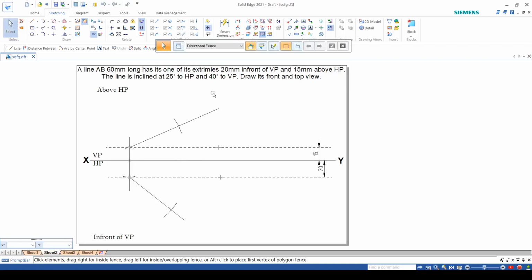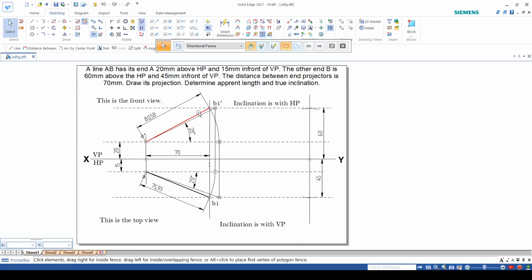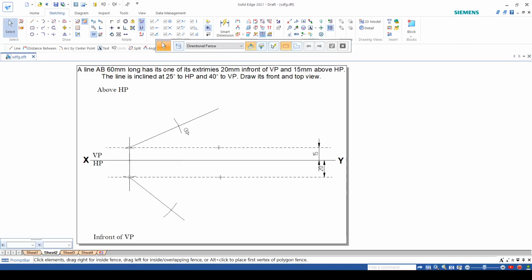Now it's given to draw the front and top view. What is the front and top view? It's actually asking for the projection. So how would we draw the projection? First of all, to draw the projection, where the point is cutting, just create a parallel line from this. How would you create a parallel line?